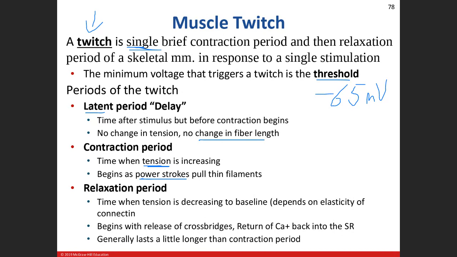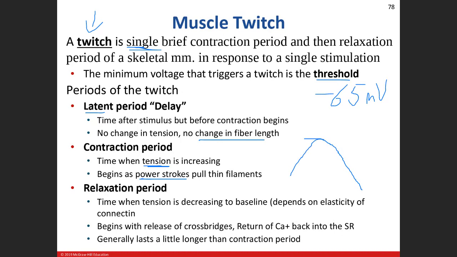And then of course, like we've talked about before, when we stop with the power strokes and stop with the cross-bridge cycling, then our muscle is going to undergo the relaxation period, where we're going to stop releasing neurotransmitter, we're going to stop generating an action potential, and calcium gets pumped back into the sarcoplasmic reticulum. That happens here in our relaxation period. So that's that part of the curve where the tension starts to drop down.